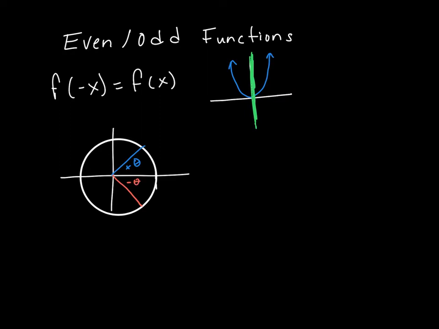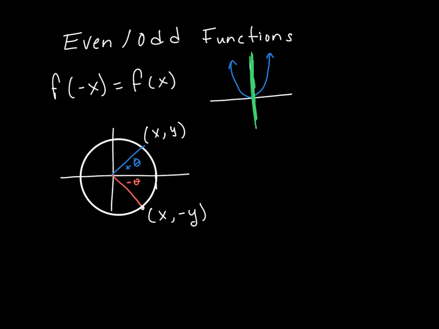What do I know about these two points on the unit circle? Up here, x and y are both positive. Down here at the bottom, x still stays positive, but y changes its sign to be negative.